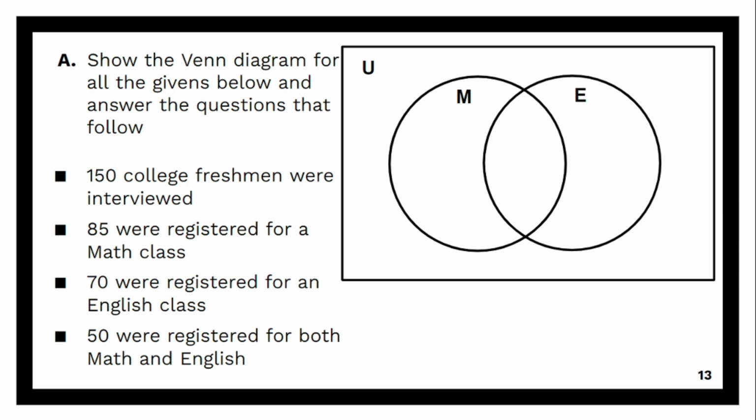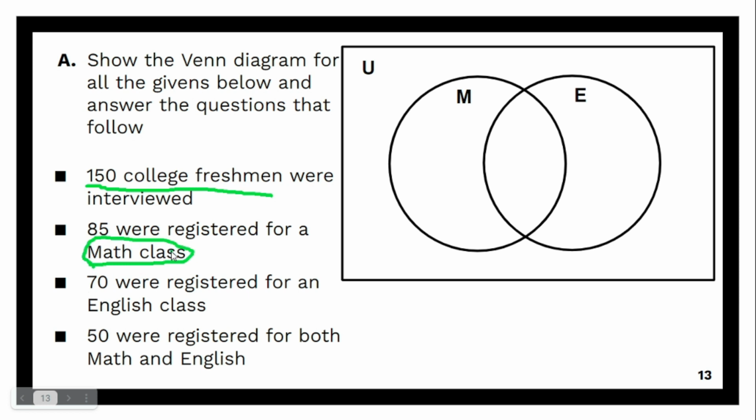So, meron tayo dyan 150 college freshmen daw yung in-interview. Ulit, ilan? 150 college freshmen lahat ng in-interview. Ngayon, 85 daw yung nagsabi or nag-registered for math class. Wow, 85.